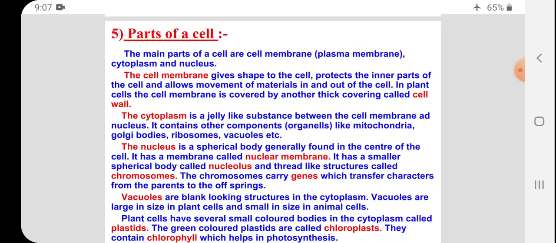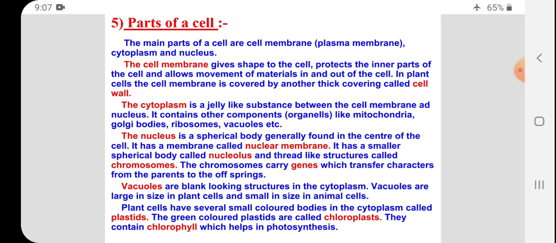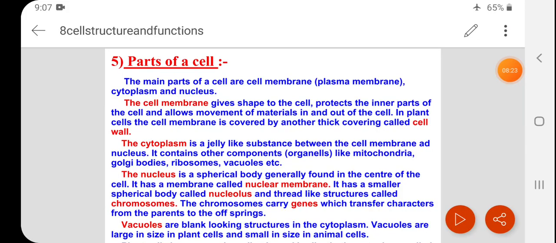Now let's have a look at the parts of a cell in detail. The main parts of a cell are the cell membrane or plasma membrane, cytoplasm and nucleus.